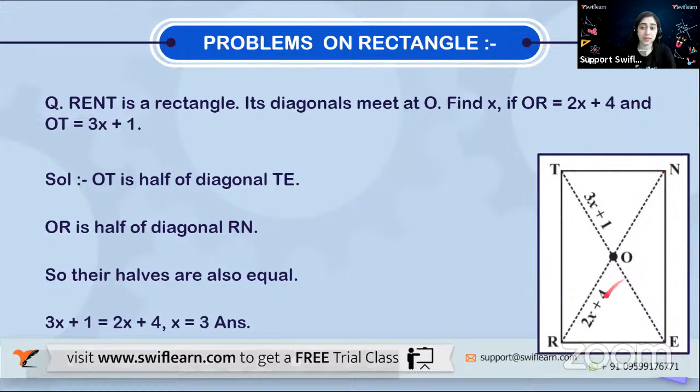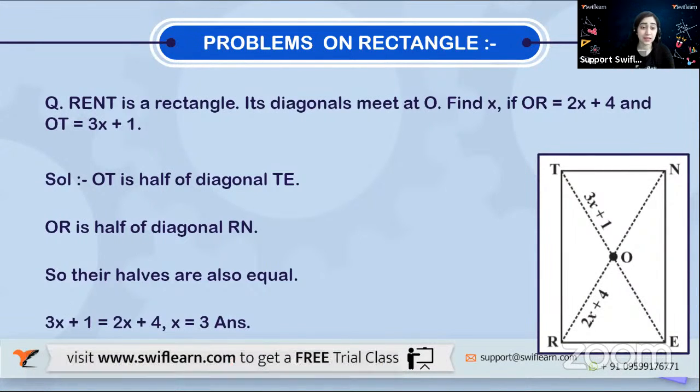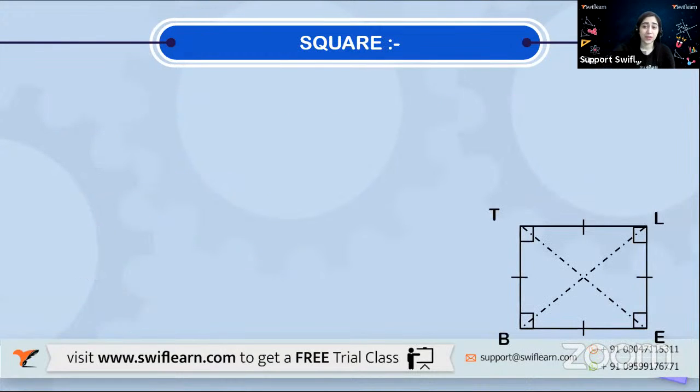On solving, putting the x terms on the left-hand side and all the constants on the right-hand side, we get the value of x. That is 3. Understood? Okay.